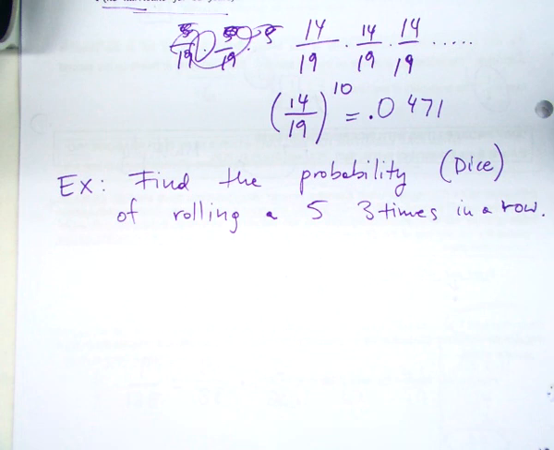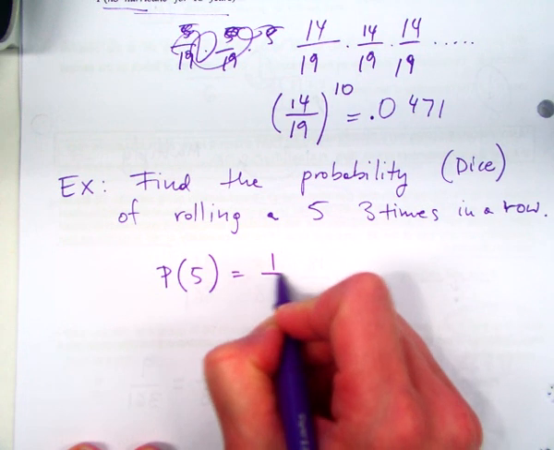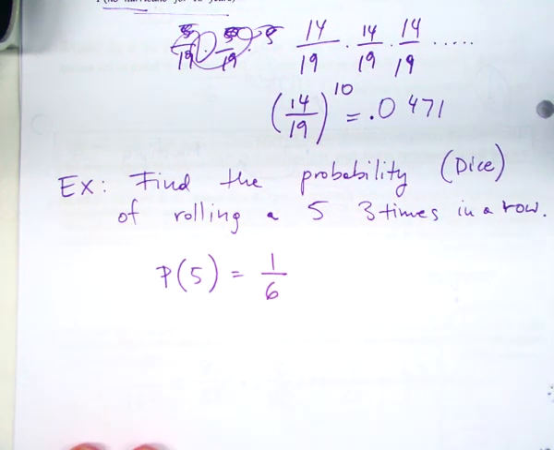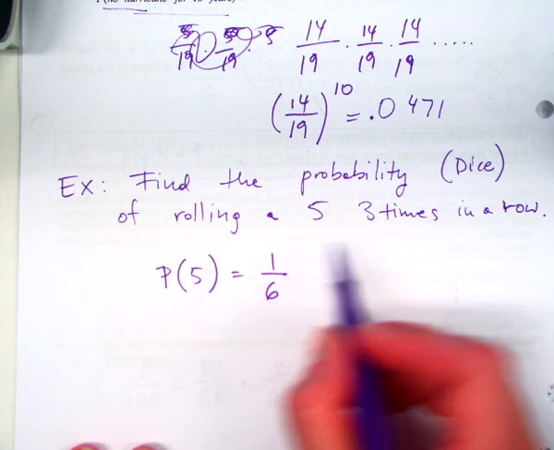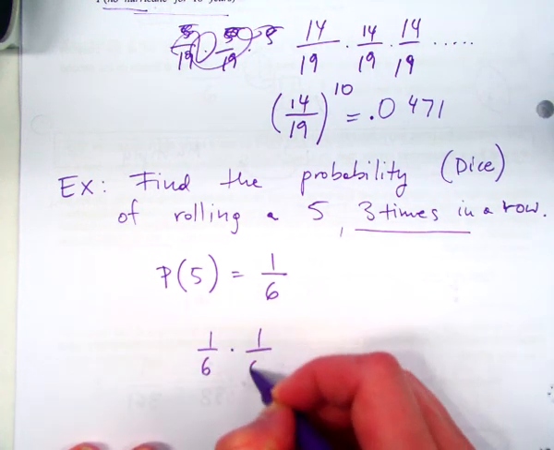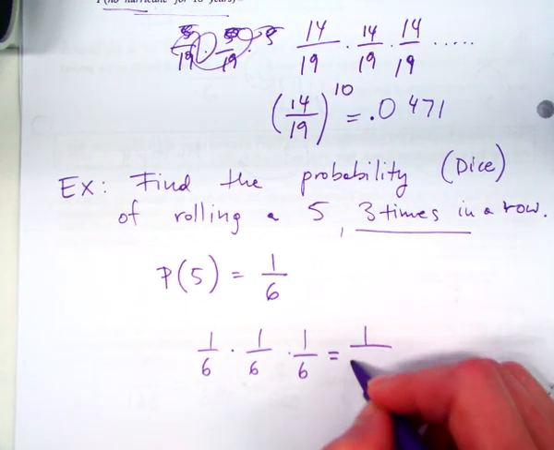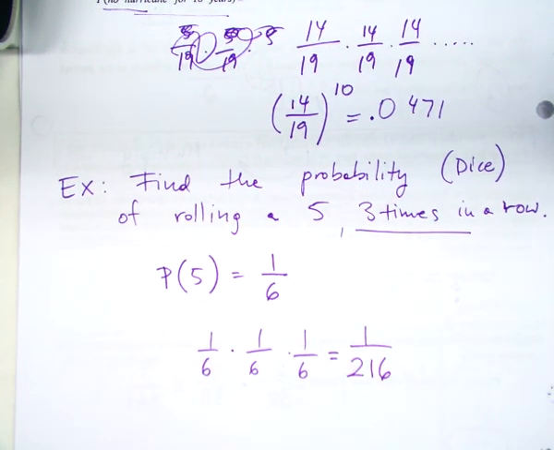How many 5s do we have on a dice? 1. So if we're doing probability of 5, that's only 1/6. On one toss of a dice, there's a 1/6 probability you're going to get a 5. But since we are rolling it 3 times, we're going to multiply 1/6 times 1/6 times 1/6, which is 1 over 216.